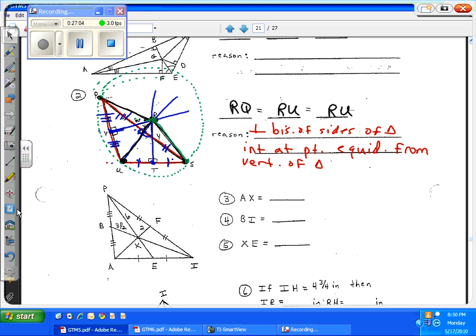I didn't do a very good job of making a perfect circle, but you get the idea. So we would say that the circle is circumscribed about the triangle. We could say that the triangle is inscribed in the circle, okay?